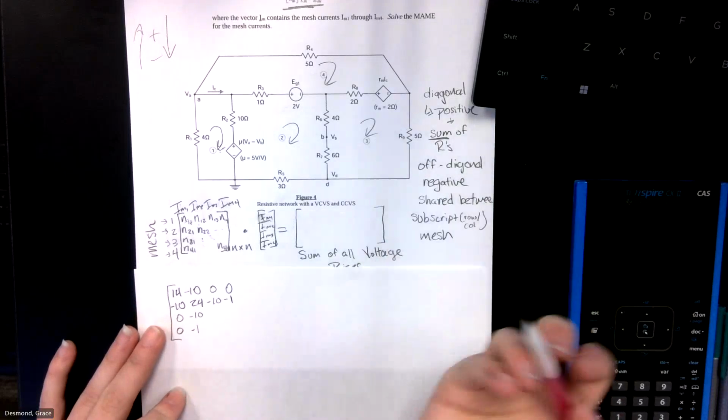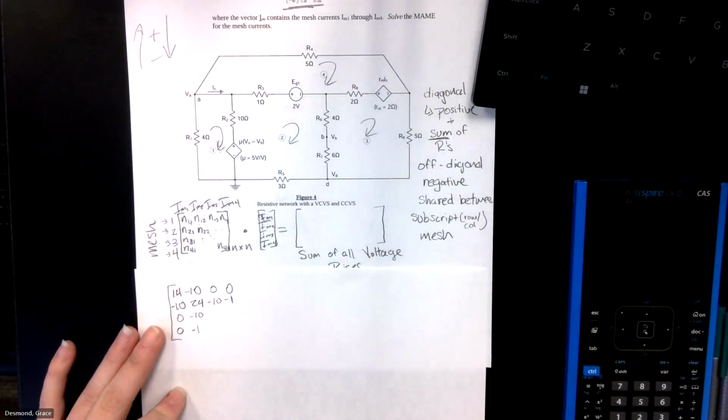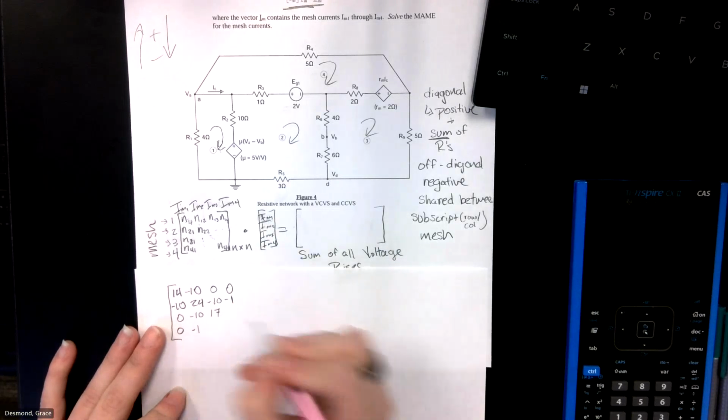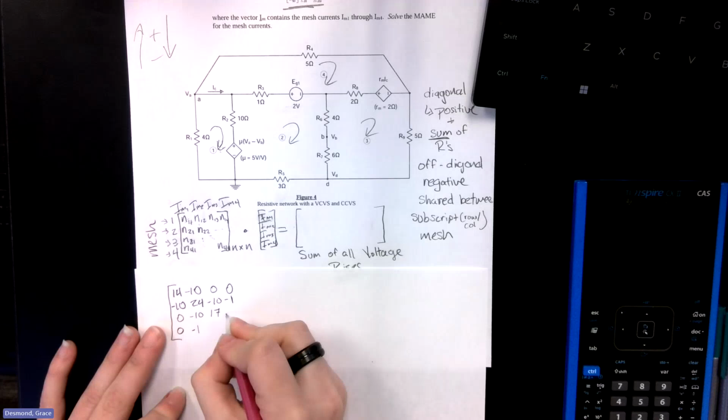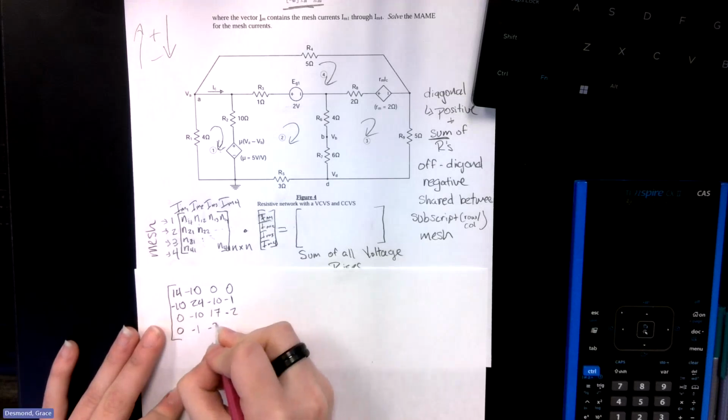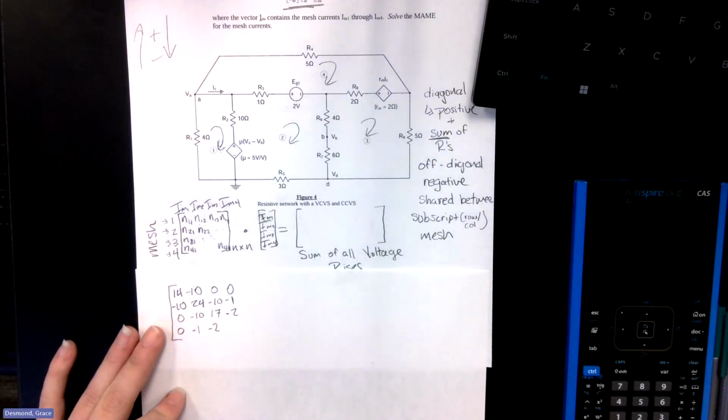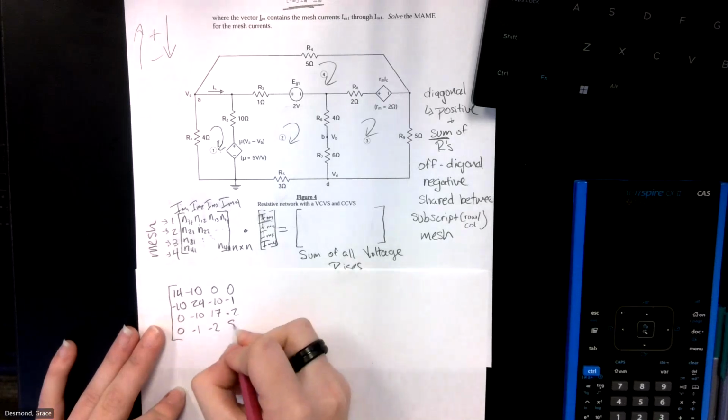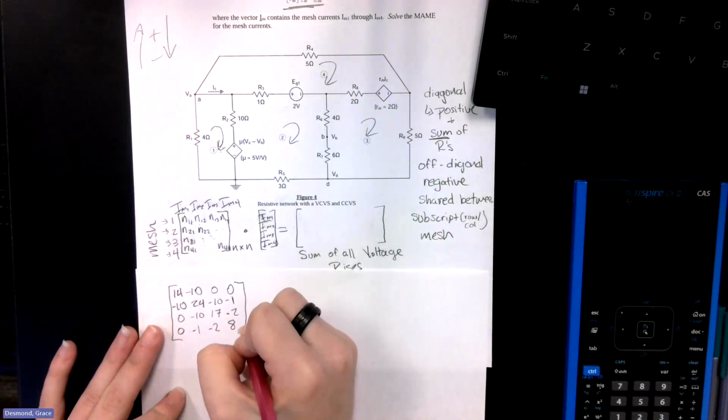-1. Okay, mesh 3. 17, and then 3 and 4. 2, -2, sum of everything in 4. 8. Perfect.